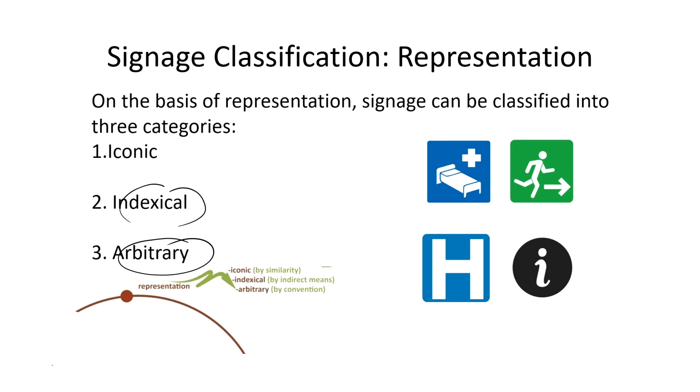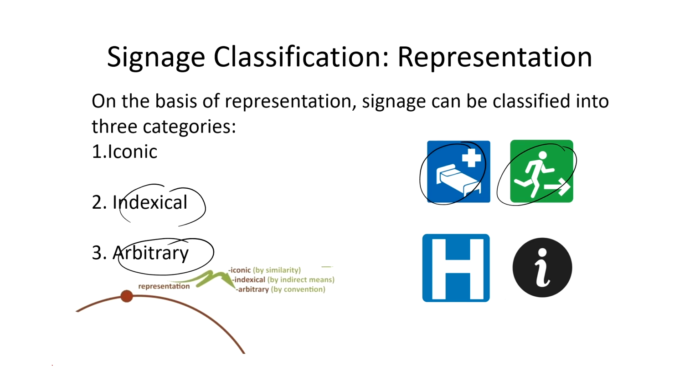For example, the picture of a bed symbolizes a hospital, whereas a person running gives the impression of fire exit or emergency exit, and a fork and knife, as you would have seen, indicates the dining area. These pictograms rely on visual association to convey their messages.